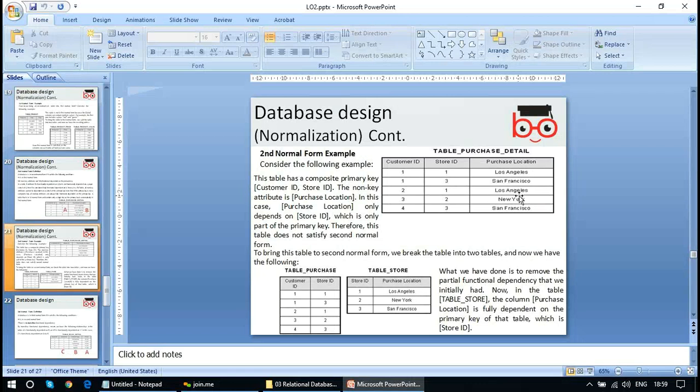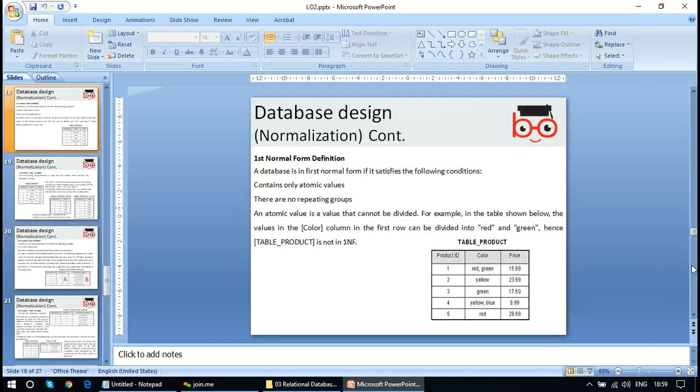Los Angeles is used maybe 2 times here, but if the store of Los Angeles was used 100 times, it was not good to repeat Los Angeles 100 times in the purchase details.